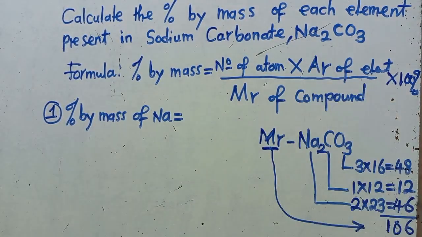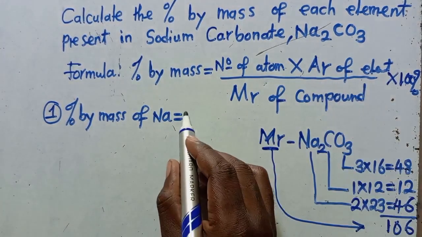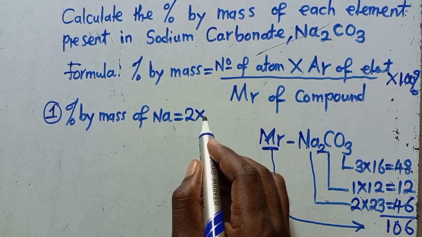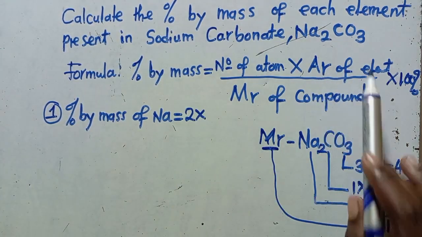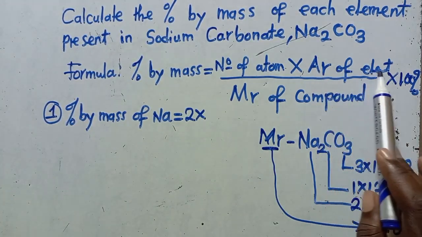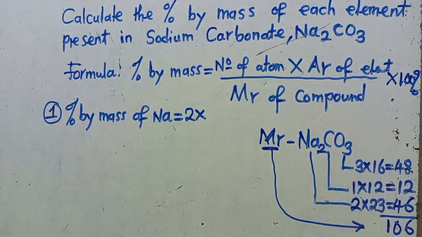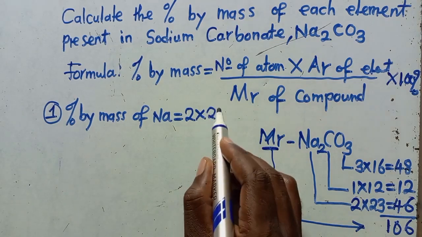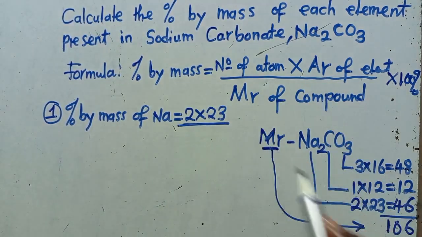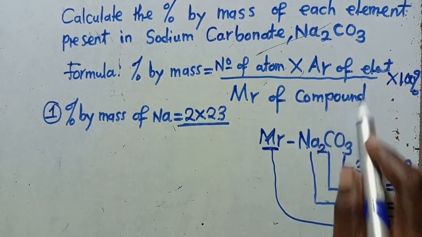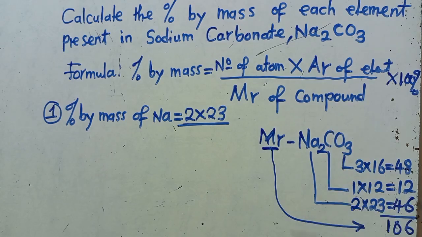How many atoms of sodium are there? 2. So I put a 2, multiplied by the relative atomic mass of sodium, which is the same as the mass number. What is the mass number for sodium? It is 23. Then over the relative molecular mass of the whole compound, which is 106.